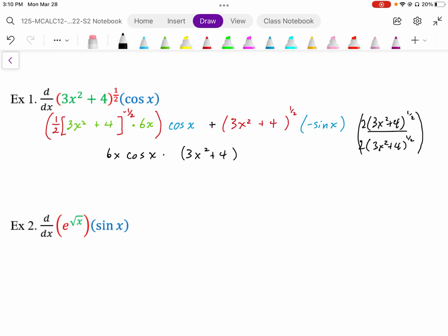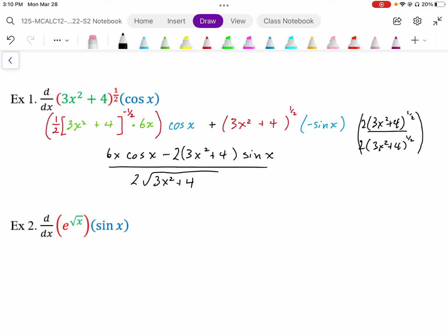So I'm going to do minus over here, minus, and then my sine x factor here. Okay, and then I need to make sure I include that extra 2 that I multiplied with as well. In the denominator, it's going to be 2 and then square root of 3x squared plus 4.